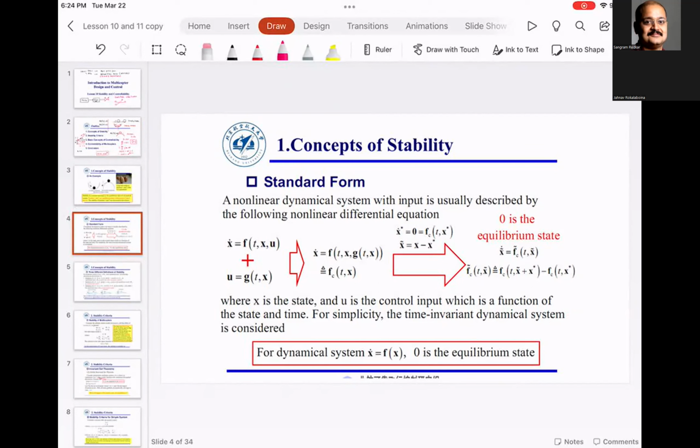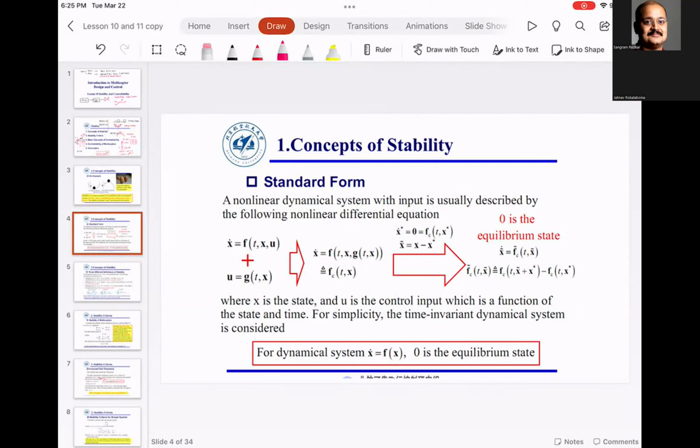That is the point when the horizontal velocity is 0, the vertical velocity is 0, and the roll rate, pitch rate, and yaw rate are 0. Everyone understood this? In other words, all the velocity terms are 0. That is called the equilibrium point.